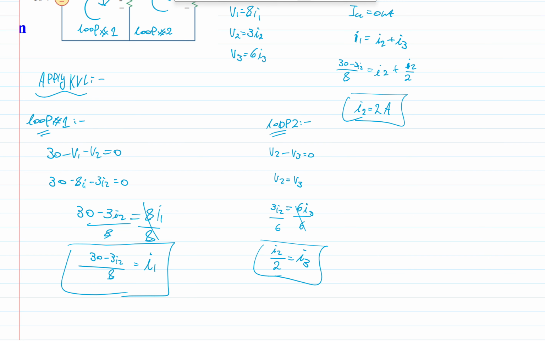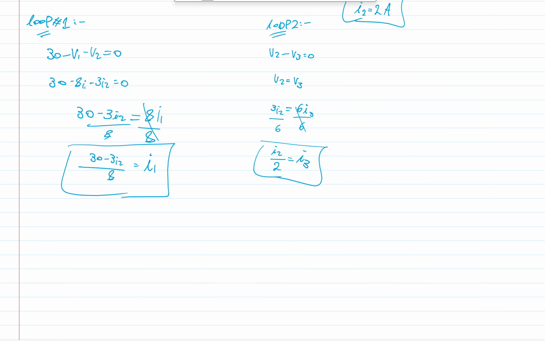All right. Now we can find the values of the other ones. So I1, that's an ugly I1. I1 is equal to 30 minus 3 times 2, over 8, which will give us the value of 3 amperes.